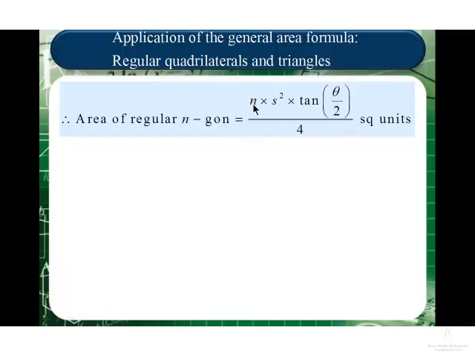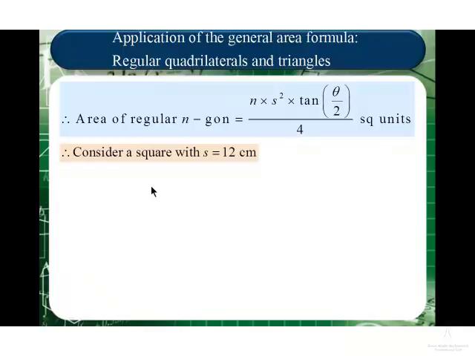We have the order of the polygon, the number of side lengths, that is n, times the side length S squared times tan of theta over 2, where theta is the interior angle for the given regular polygon of order n, with n sides, everything divided by 4. This is the area formula for any regular n-gon.